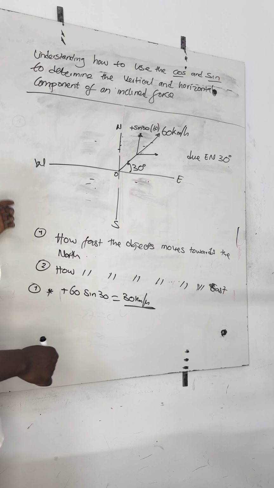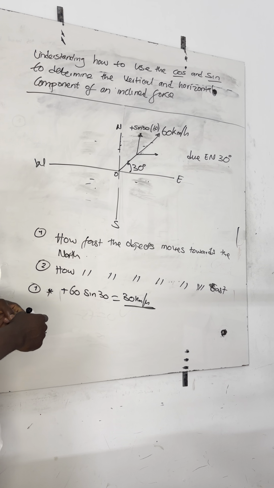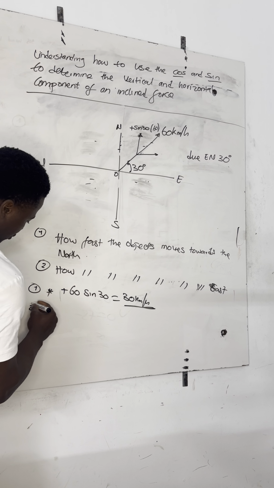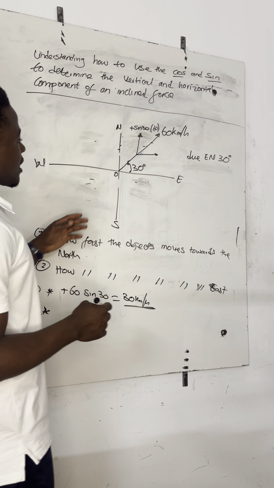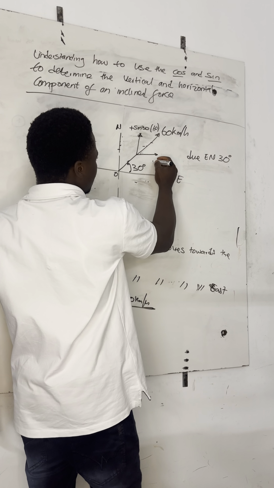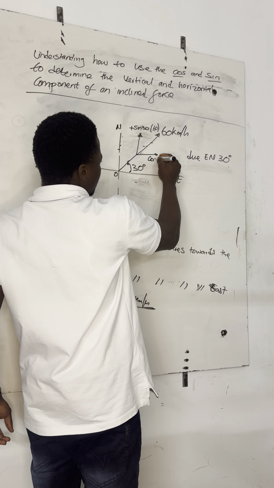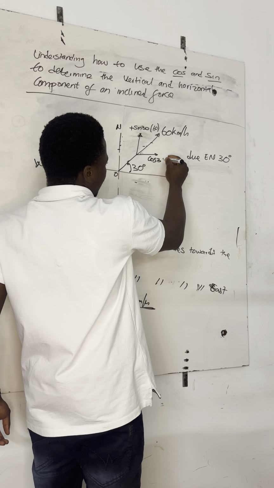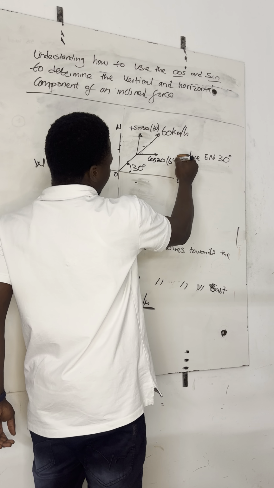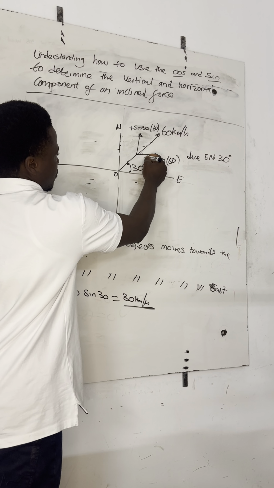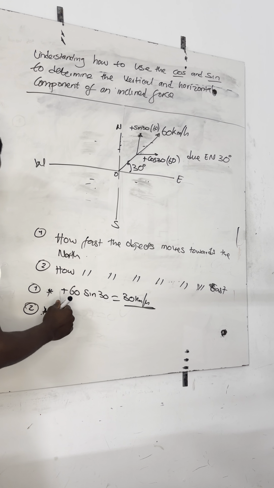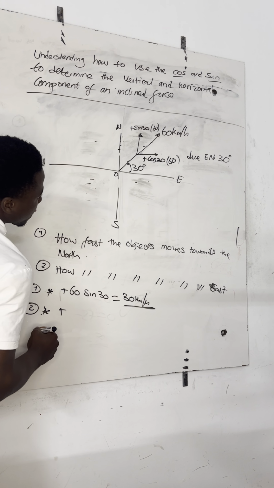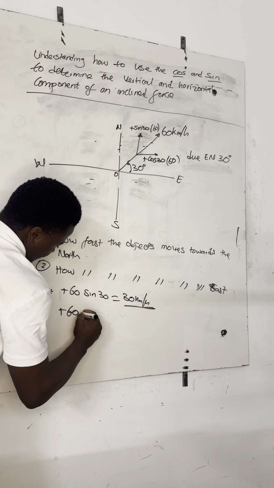Now, how fast is it moving towards the east? So here is equation 2. Notice that in the x-plane, this is cos 30, 60. Now you put this. So you're actually going to have plus 60.